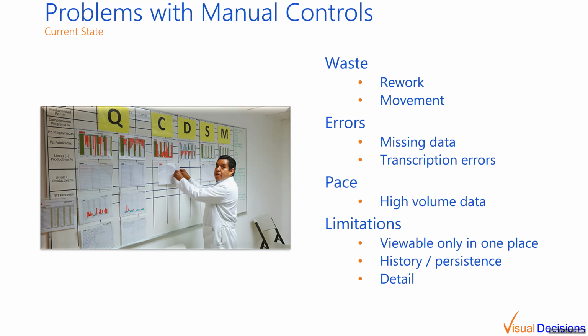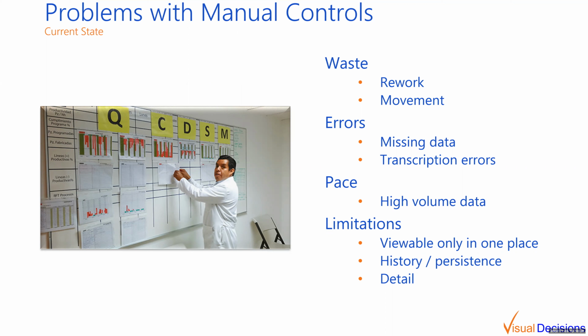Writing the information on a whiteboard and then later capturing the information in Excel requires rework. And as mentioned, it's a waste of time when this can be done automatically. In this example, the gentleman is actually an engineering manager, and he could be solving problems in the plant, but instead he's printing out forms, carrying them over to the board, swapping out an old sheet with a new sheet inside of that plastic holder.